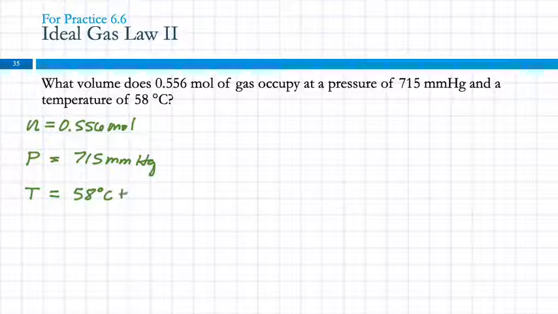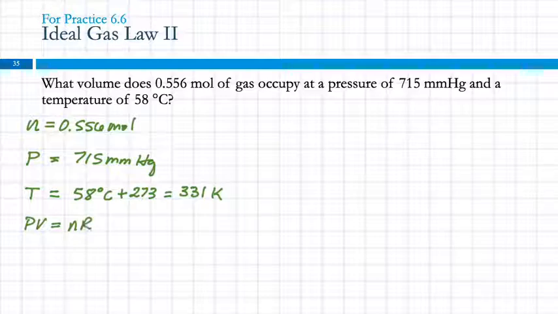So we're going to change this to Kelvin. 58 plus 273, 331. And it's asking us to find the volume. So we're going to use PV equals nRT. And we're going to rearrange this solving for volume. So we're going to divide both sides by P.